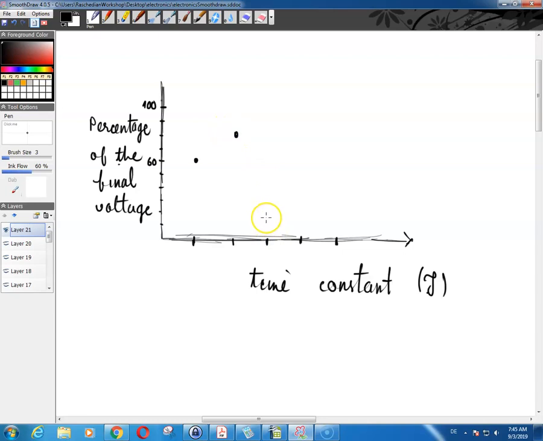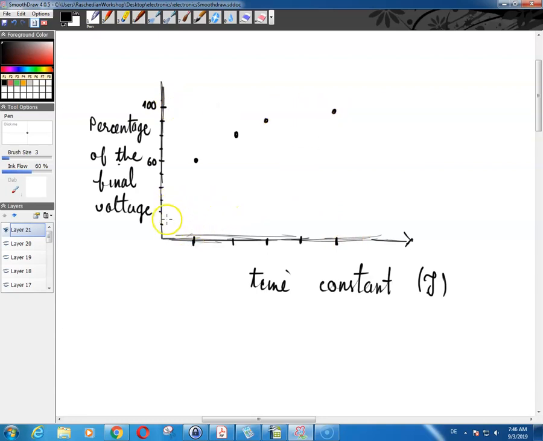At three time constants you're around, I would say, 90% or so, somewhere over here. At five time constants you're at 100%.